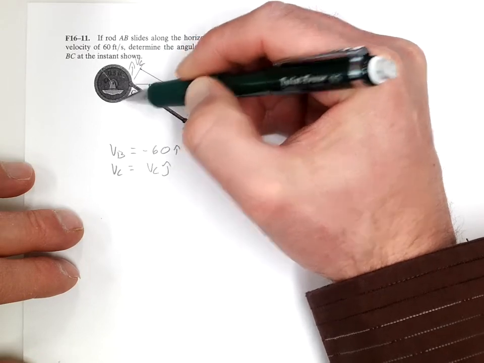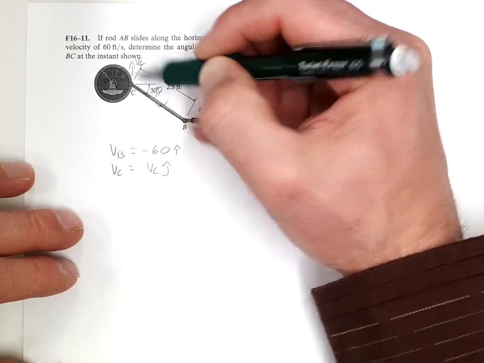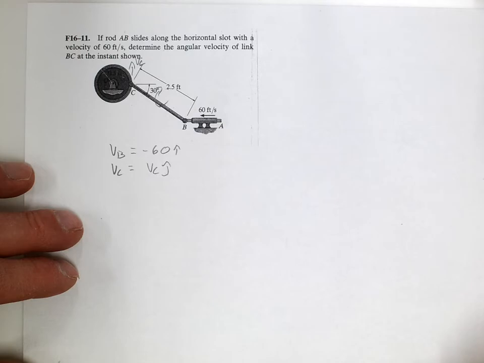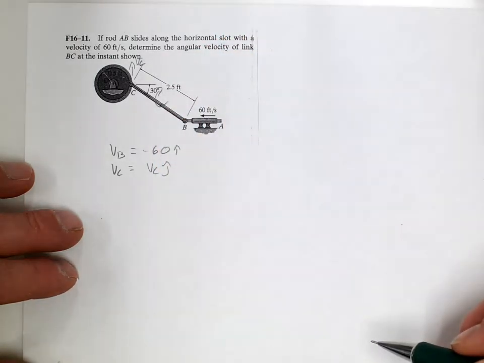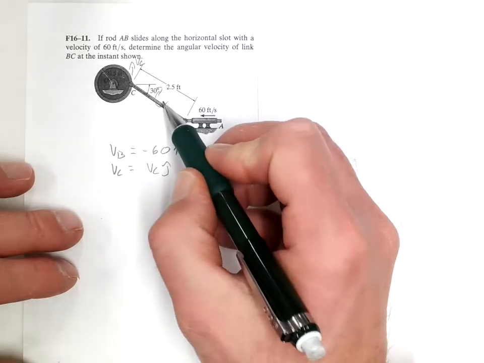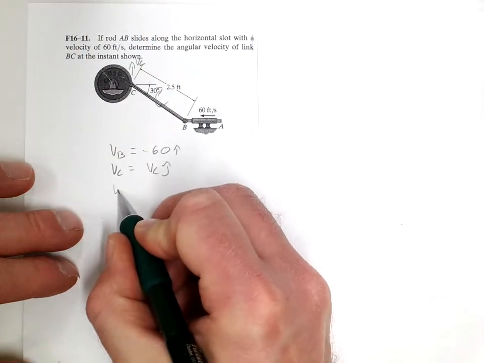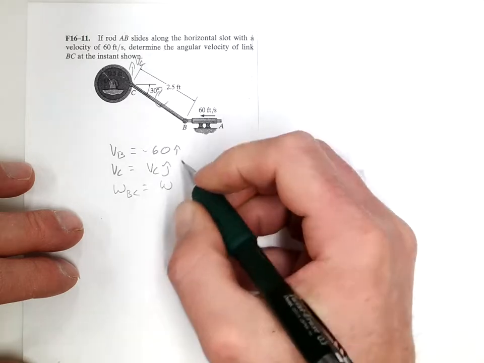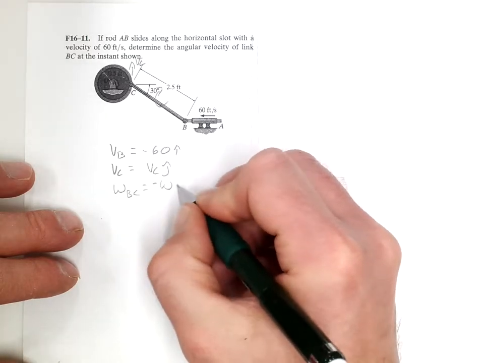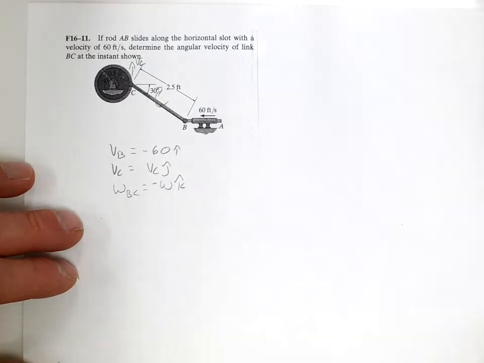If it had been any other angle on that wheel, it would have had a component in the X direction as well. But since it's straight across, it is a vertical motion. Okay, and then omega is spinning like that, so we know that omega BC is going to be an omega in the negative K direction.